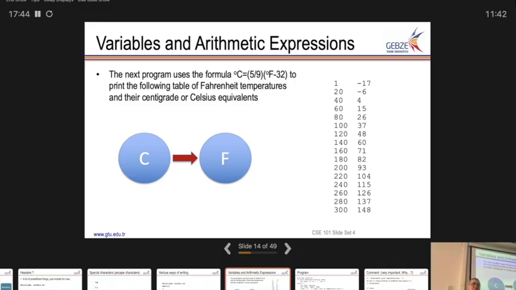So conversion from Celsius to Fahrenheit, and I want to print this table. One Celsius is how many Fahrenheit? No, 1 Fahrenheit is minus 17 Celsius.